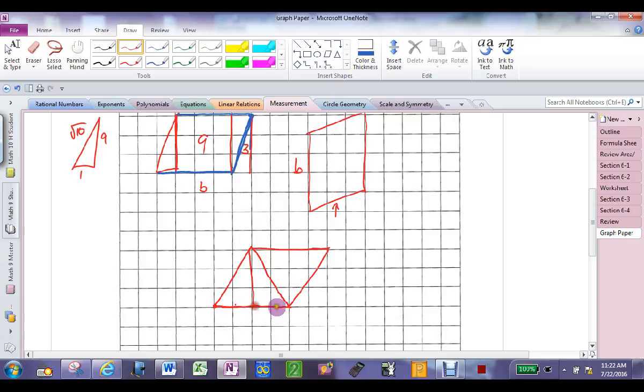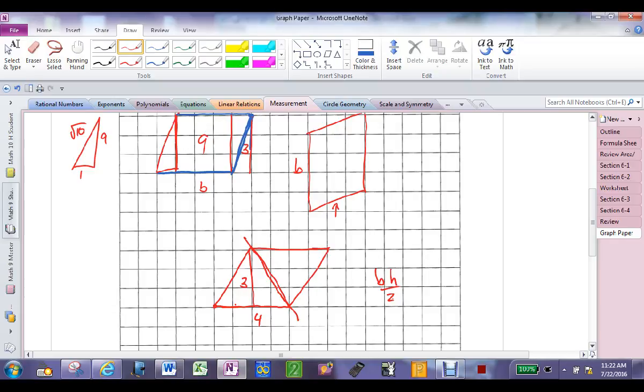Which is base 4 times height 3 would be the whole thing, but it's a triangle, so I got to cut it in half, so I get base times height divided by 2. That's why triangles work. Everybody good?